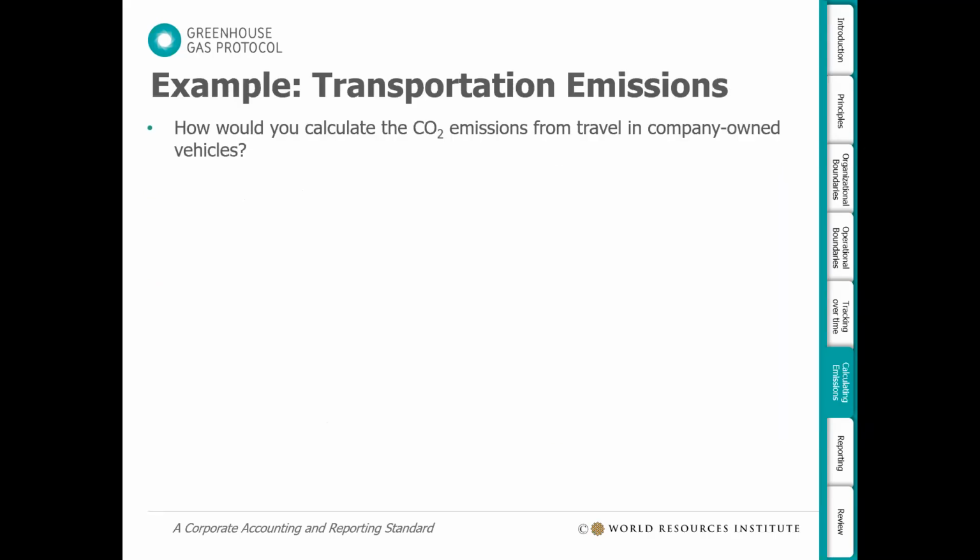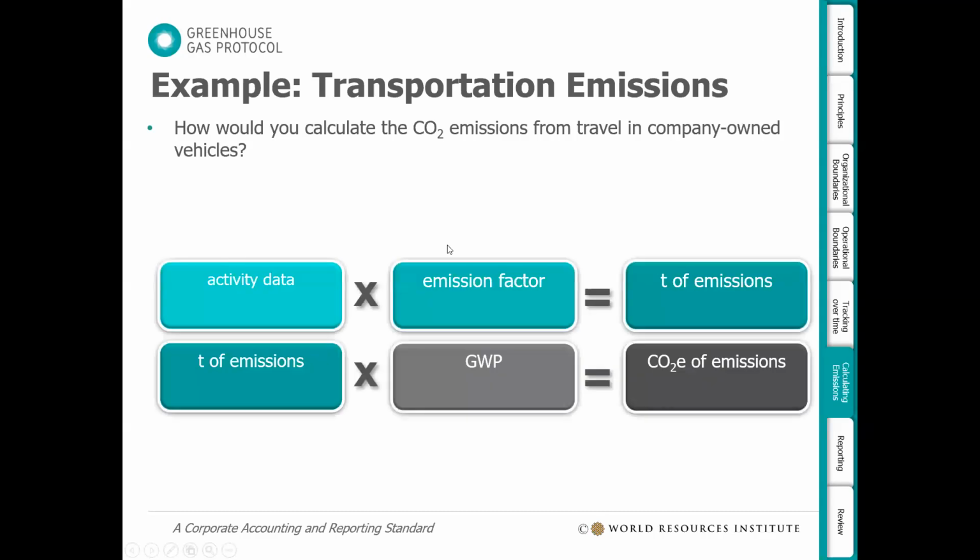Okay, so now that we've covered the basic components of the emission factor approach, let's illustrate that approach with a simple example. And we'll have more involving examples later on, but for now, let's just consider how a company would quantify the emissions of CO2 from transportation, from vehicle travel.